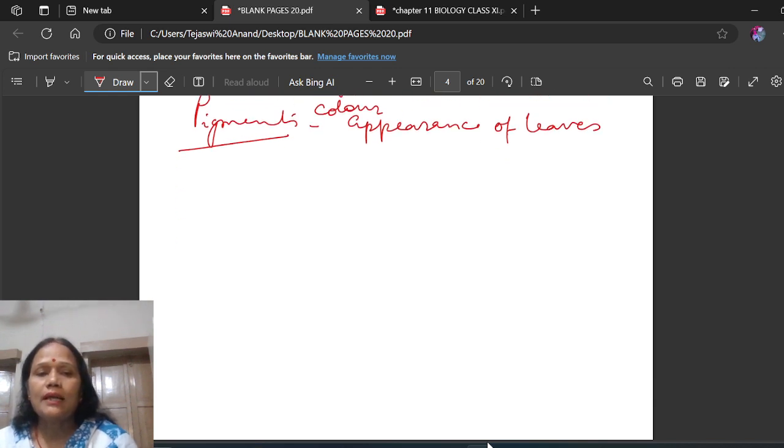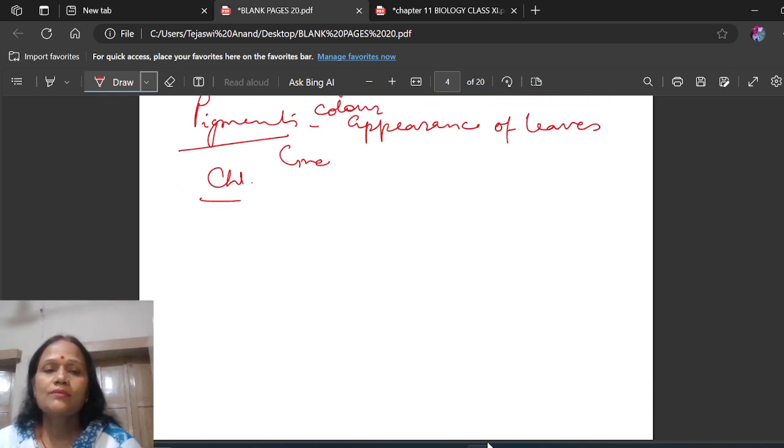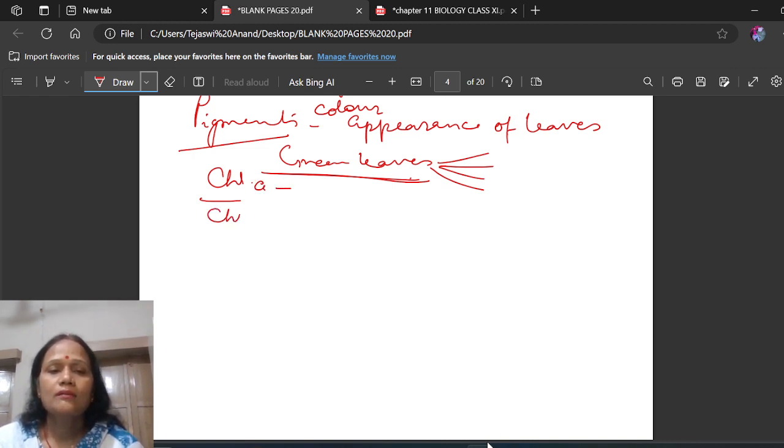Green leaves are generally green in color, but sometimes we see variation in the green color, maybe yellowish green, maybe bluish green. What is the factor for that? There are different pigments: chlorophyll A, chlorophyll B, carotene and xanthophyll.